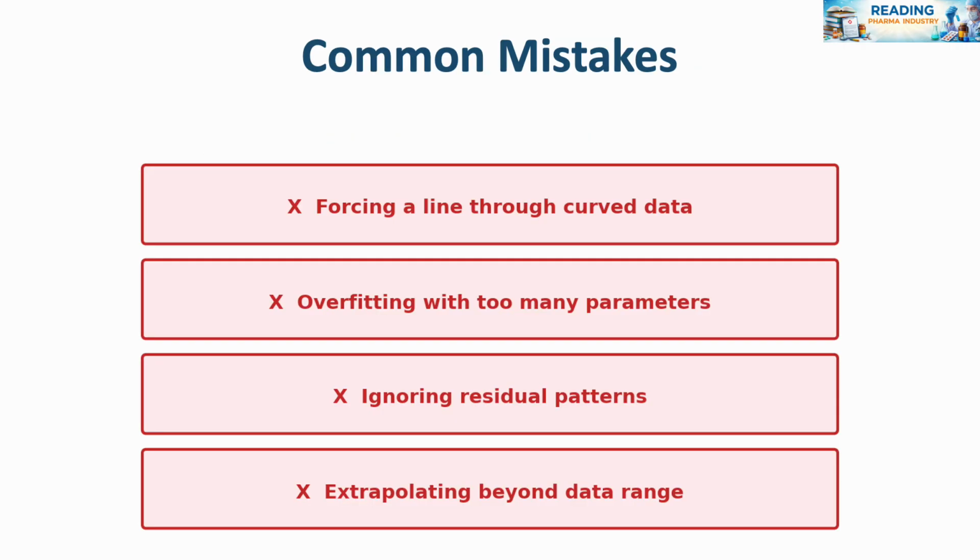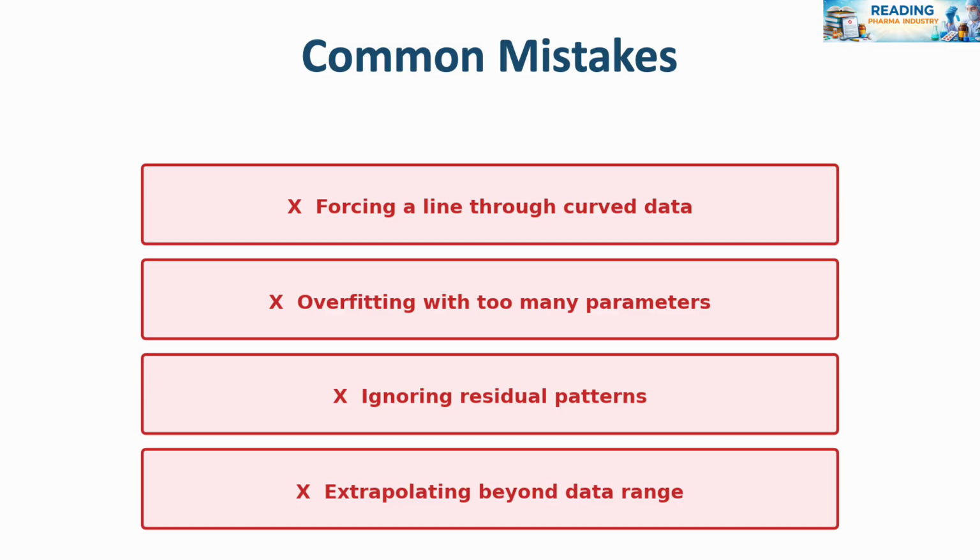Let's look at some fitting mistakes that can happen when finding the right model for your data. The first mistake is forcing a linear fit to curved data, and this is quite common. It's obviously a big problem trying to fit a linear shape to curved data.